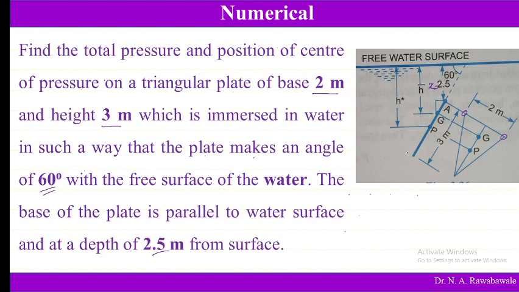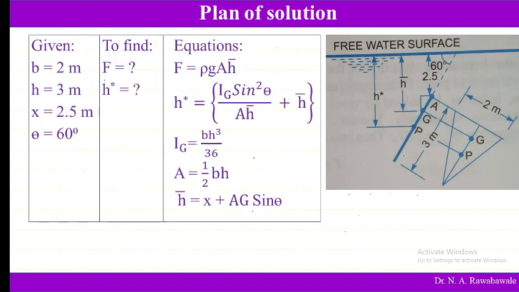So theta is given, x is given, and the dimensions of the triangle are also given. Base of the triangle is 2 meter, height is 3 meter, and this edge is at 2.5 meter from the free surface, that is, distance x is 2.5 meter and theta is 60 degree. Here we have to find the total pressure force and the center of pressure H star.